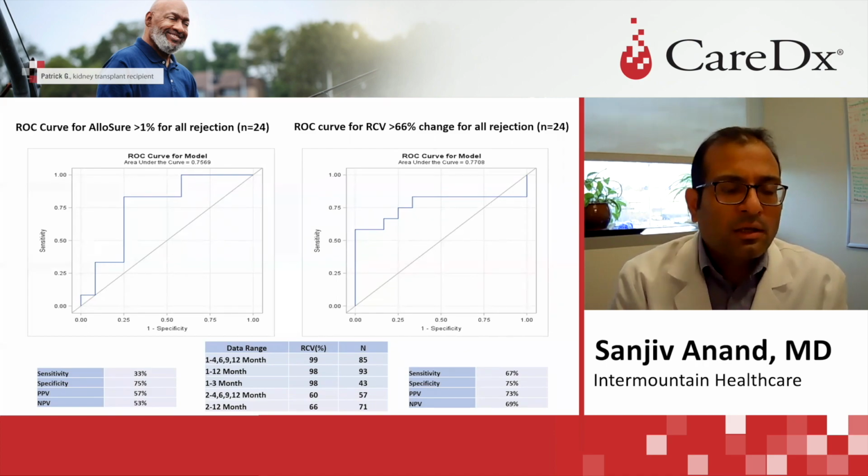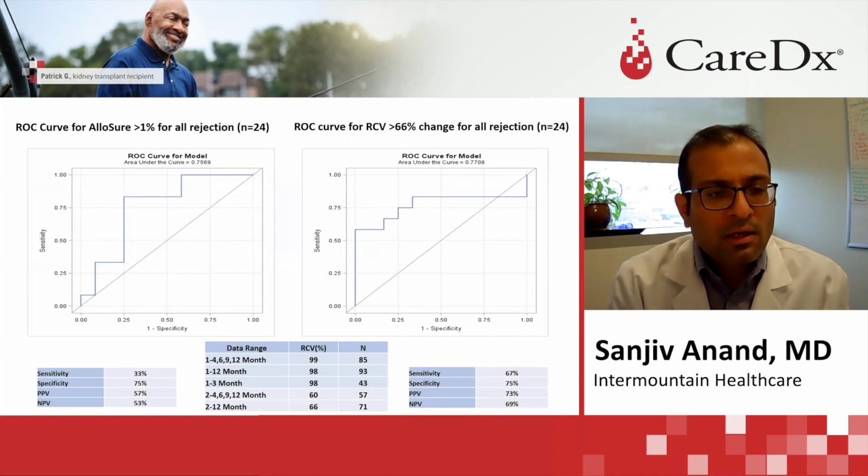So in summary, repeat transplant and dual kidney transplant were associated with a higher donor-derived cell-free DNA at 1 month. Also, certain donor types, like the deceased donor after cardiac death, were associated with higher median donor-derived cell-free DNA at 1 month.